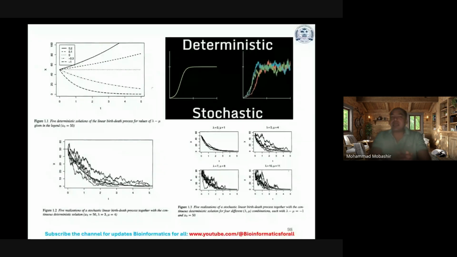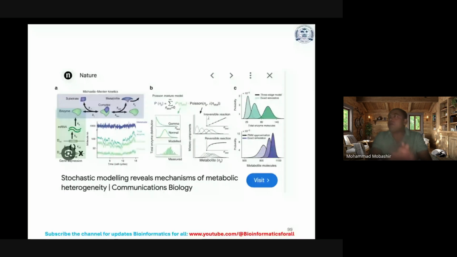Now, there is another simple example of implementation which has been published in the Nature Communications Biology journal. And this title itself reveals the real application, that is, stochastic modeling reveals the mechanisms of metabolic heterogeneity.